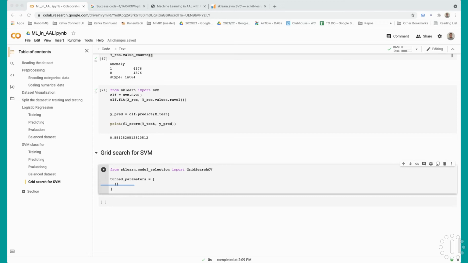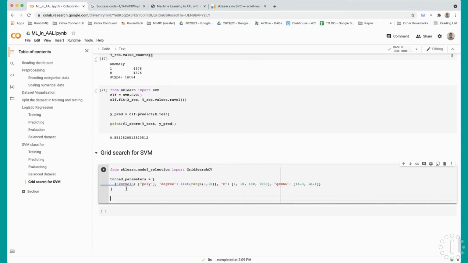Let me just copy one dictionary. So I want to try the kernel to be poly. I want to try some degree from the range from 1 to 9. I want to try different values of C and also different values of gamma. These are the parameters that I want to try with the grid search cross validation. The scores that we are going to evaluate the models for are precision and recall.